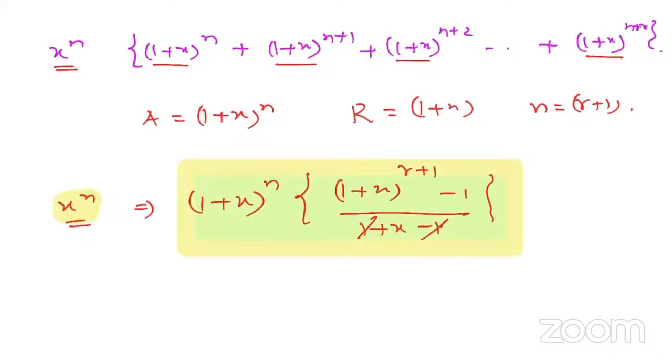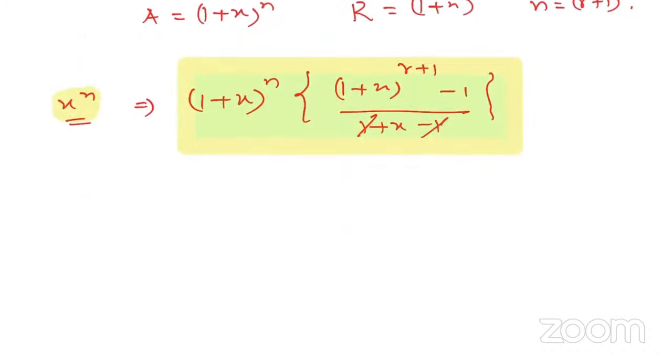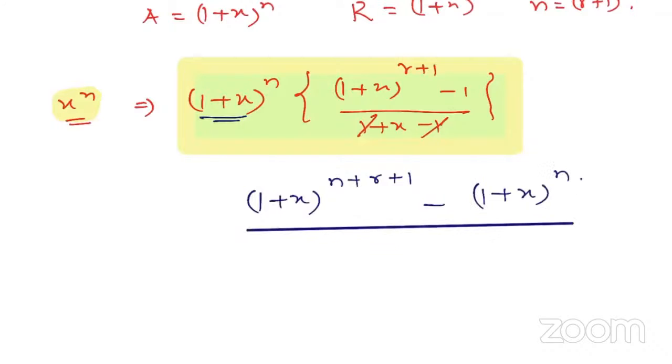When multiplied, this will be (1 plus x) to the power n plus r plus 1 minus 1, plus x to the power n, and the whole thing divided by x. In this expansion, we need the coefficient of x to the power n, and we are dividing by x.